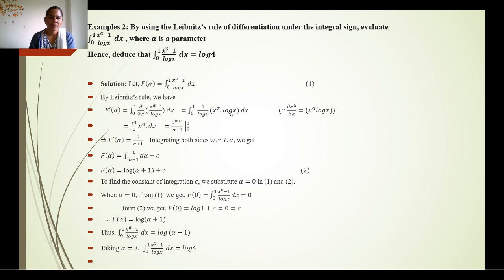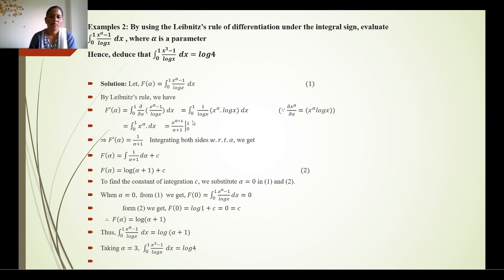Here log x cancels, only x to the power of alpha will remain, into dx. Integrate this function with respect to x. It will become x to the power of alpha plus 1 by alpha plus 1 with the limit 0 to 1. F dash of alpha is 1 by alpha plus 1. On applying the limits, we get this required answer.